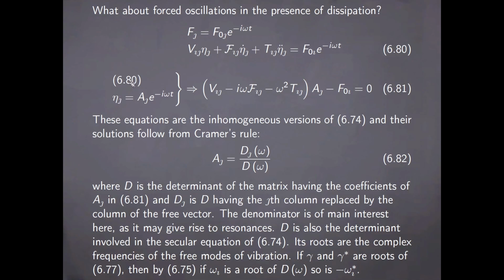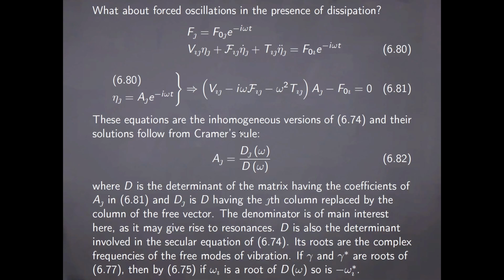So we can try to look for general solutions of these equations of the form here for some amplitudes capital A of index j, and we will find this set of characteristic equations. And these are the inhomogeneous versions of the set labeled by 674, and their solutions follow from Cramer's rule.